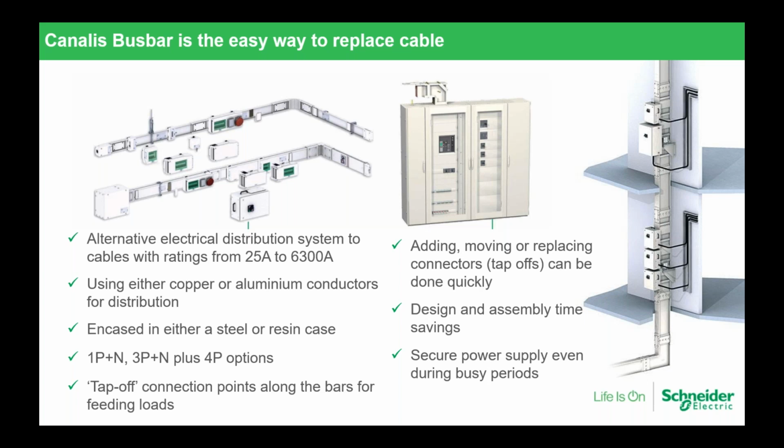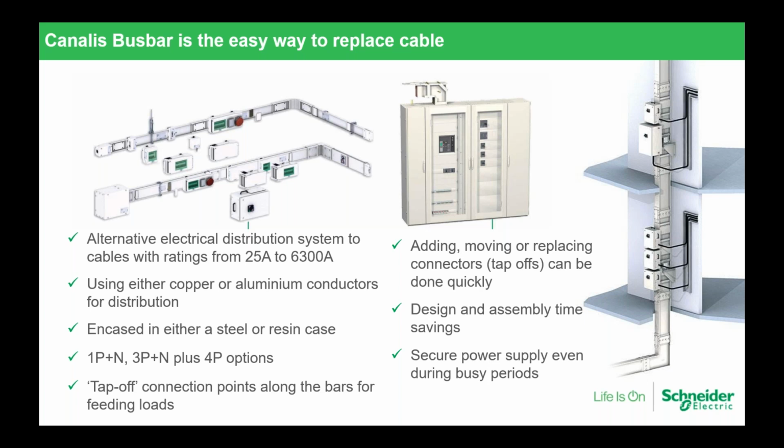As I mentioned, this bus bar offer is an alternative to cables for electrical distribution, and we have ratings starting from 25 amps up to 6,300 amps. That's why we can connect to every low voltage side of the transformers.